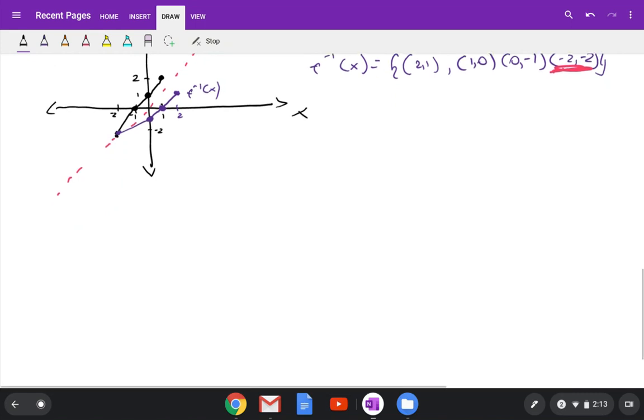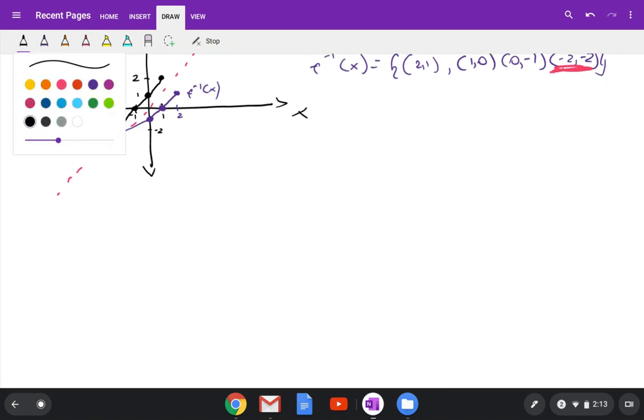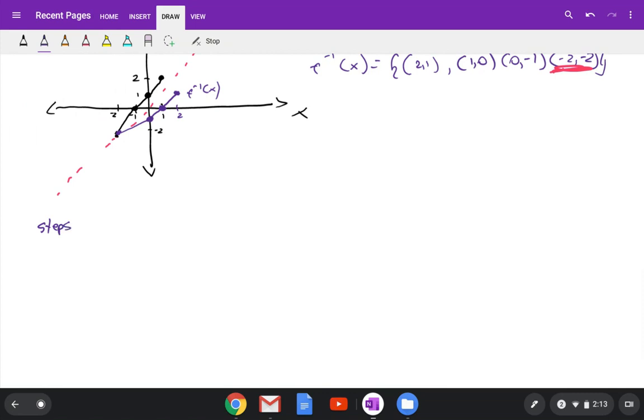Okay, next we're going to talk about how to find the inverse function algebraically. So I'm going to review the steps of finding the inverse of a one-to-one function.